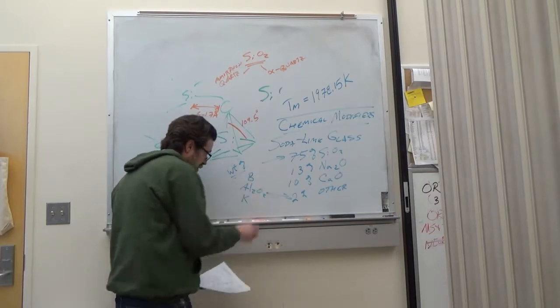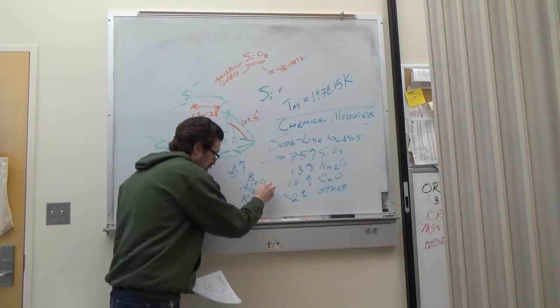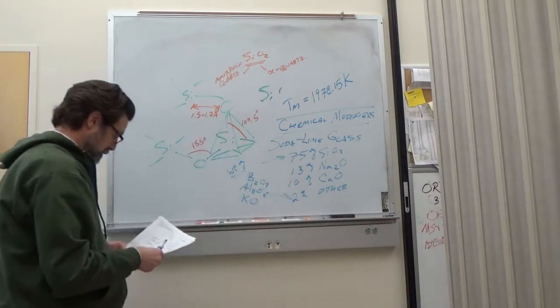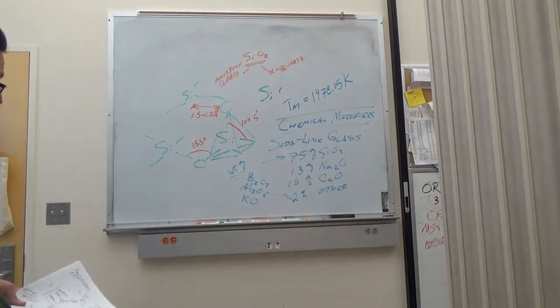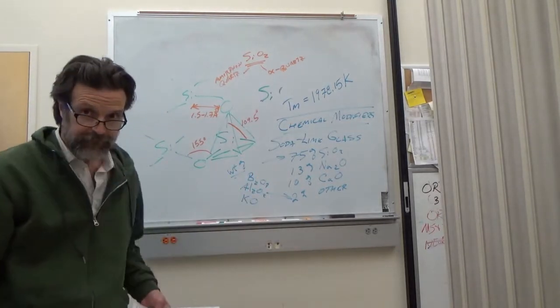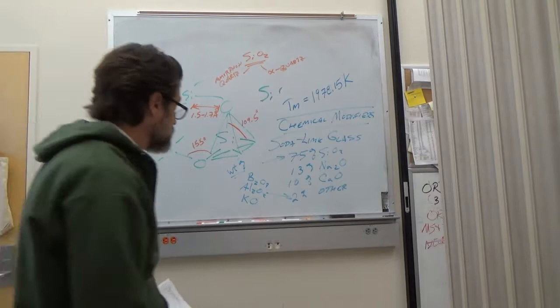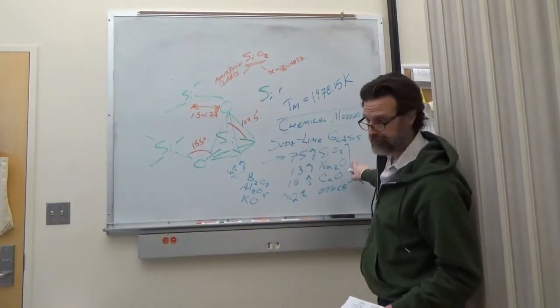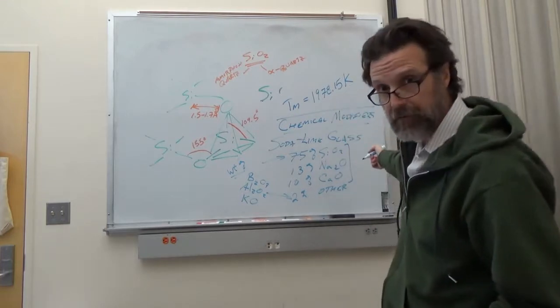Boron, B2O3, K2O. These can be thought of as impurities or modifiers, but the primary constituents are these. Now, why are we putting those in?